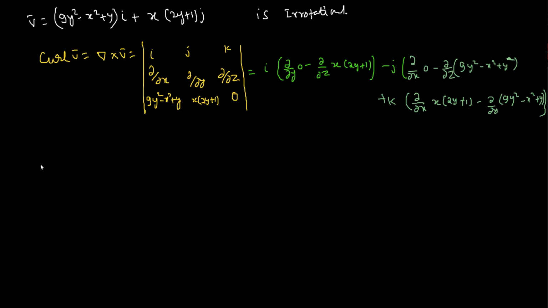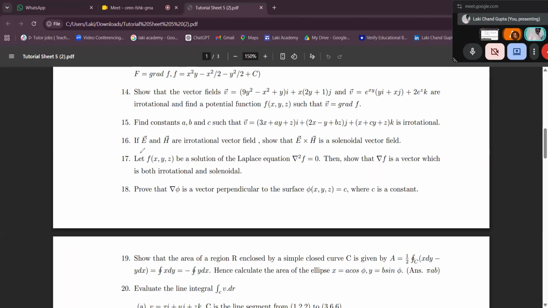Now, when you differentiate with respect to y, it is 0. With respect to z, it is 0. This whole term is 0. With respect to x, you will get 2y plus 1. And with respect to y, let me check, 9y square.